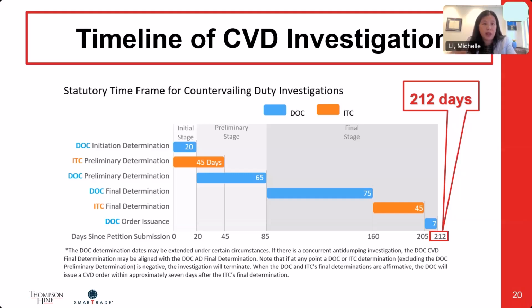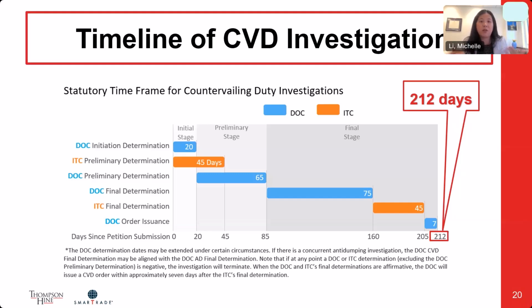If Commerce says, look, I don't see there is a margin, and turns out a negative preliminary determination, Commerce can continue to do the final determination though, because parties can come in and make their briefs. And if Commerce still says, look, I really think there is no margin in the final determination, which is the same as in the AD case, then ITC will not bother doing its final injury determination.